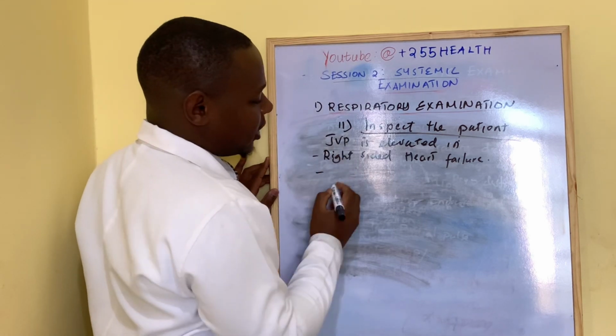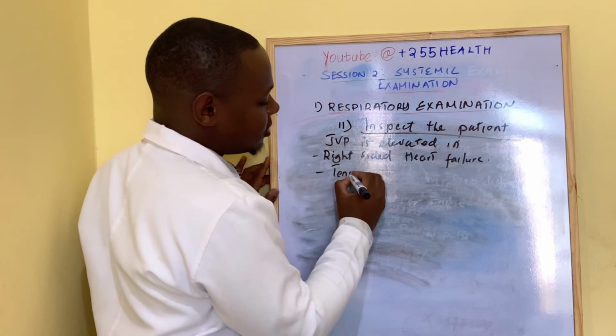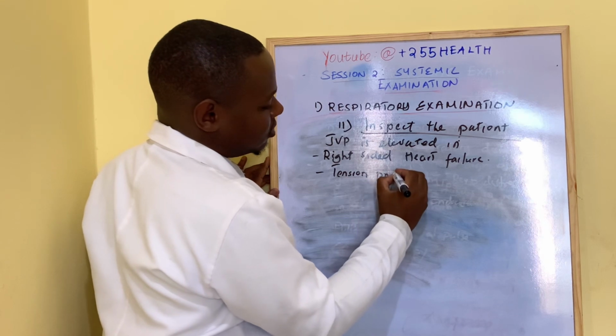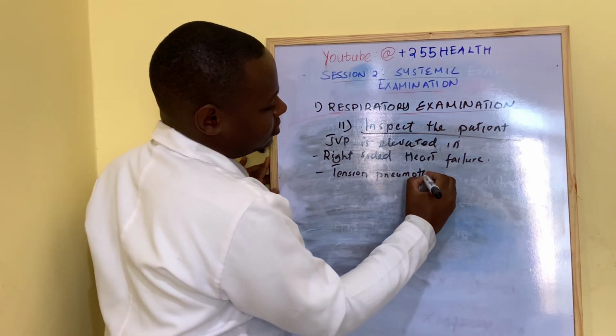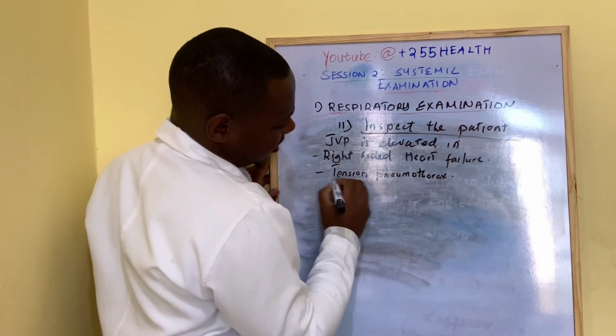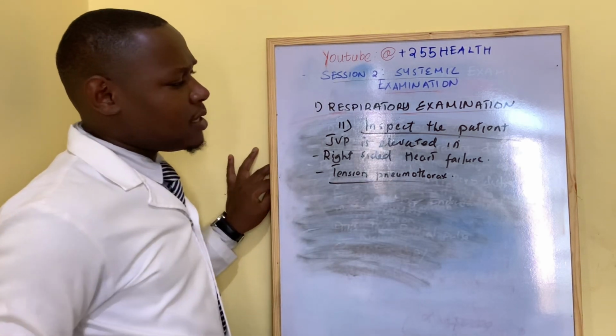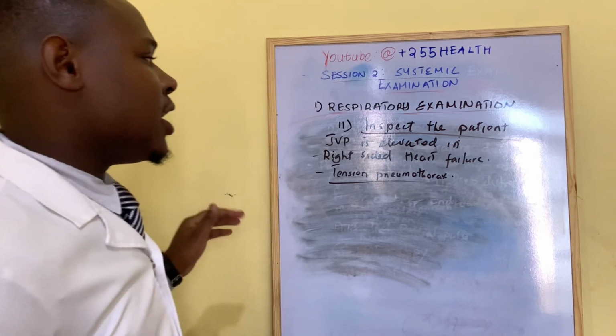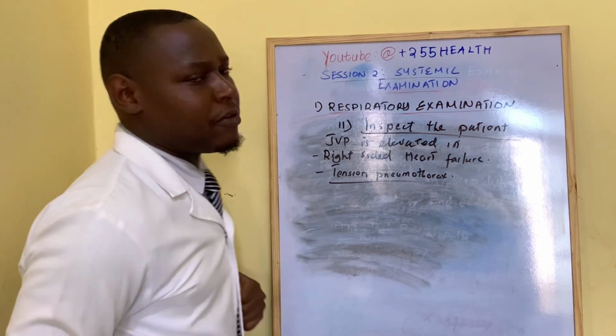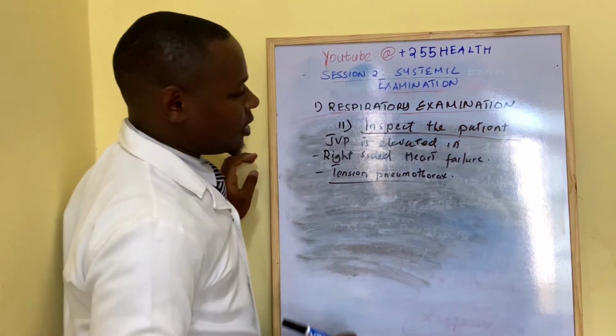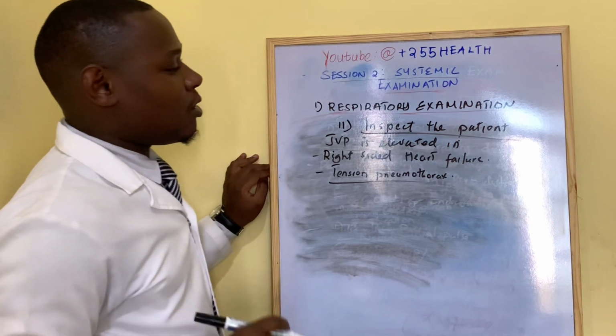And then you can have tension pneumothorax. So these are just some of the conditions in which you find the JVP is elevated in your patient. And it's very, very important for you to take good note of that.